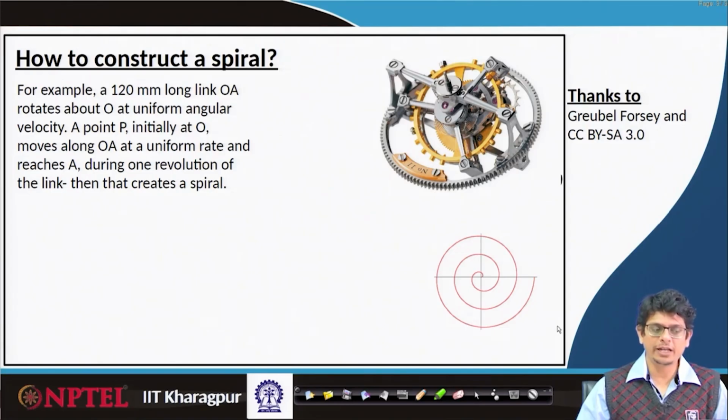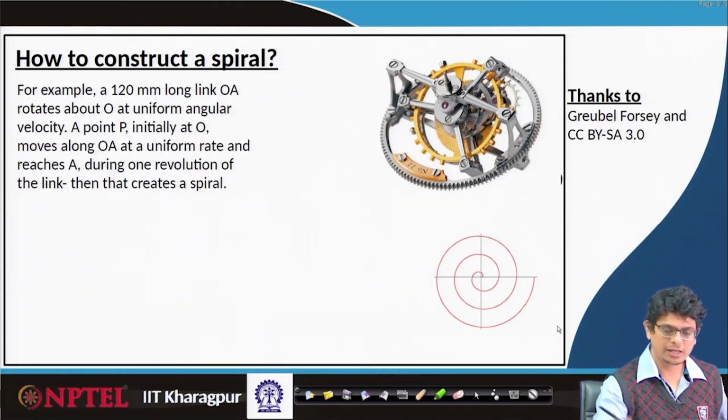A point P initially at O moves along OA at a uniform rate and reaches A. During one revolution of the link, the shape it forms is a spiral. With this data, let us construct a spiral for point P if it is moving with uniform angular velocity and also moves along a particular direction.